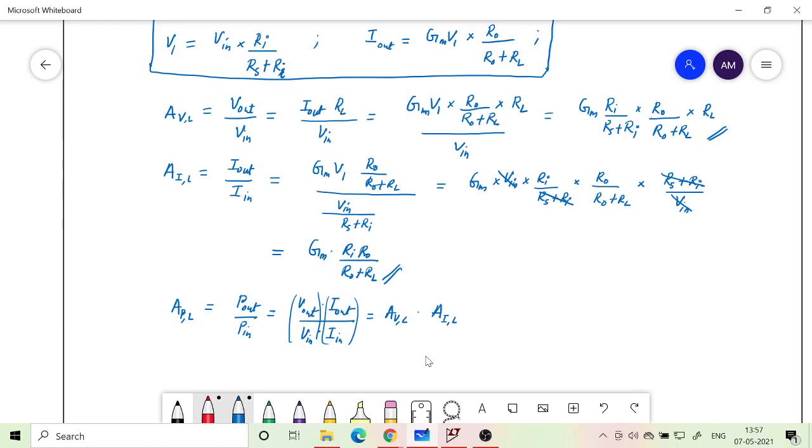I mean, sir, the waveform we have to put in the graph. Waveform you need to draw. You first fix the values of RL, RS, all these things, and then you evaluate the expression. You will get a value, and then look at the waveform.